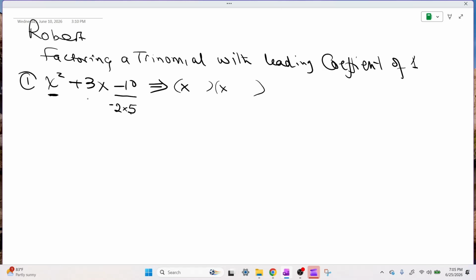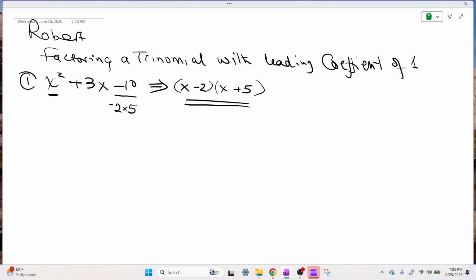So now, if that's the case, then we need to have a negative 2 in one of the parentheses and then a positive 5 in the other parenthesis. And you will have factorized our expression, our trinomial.